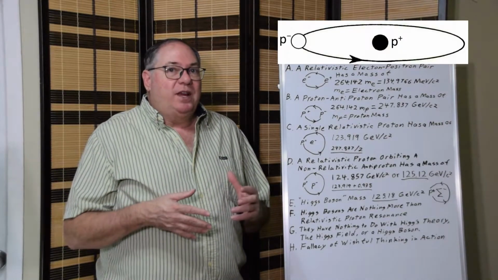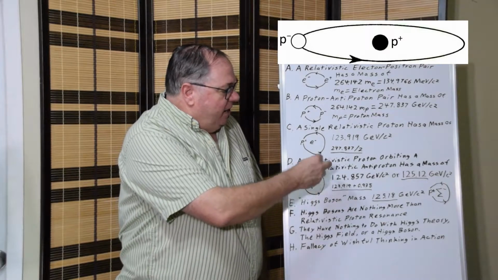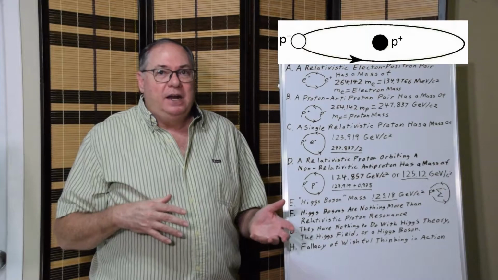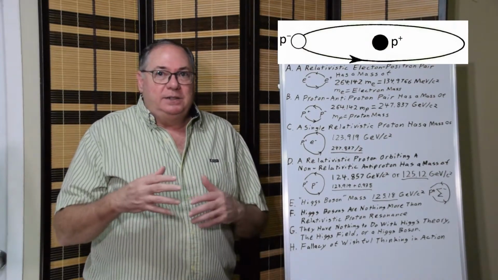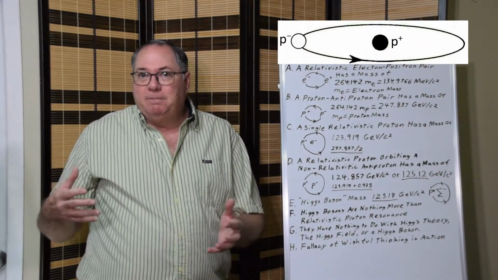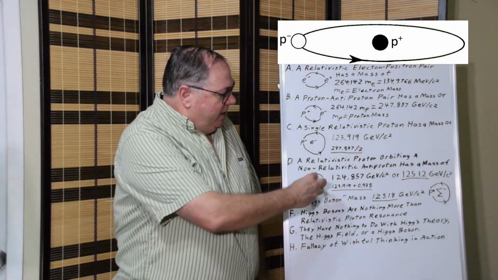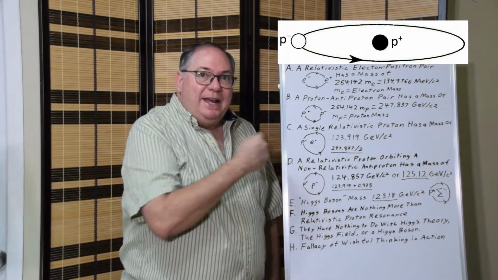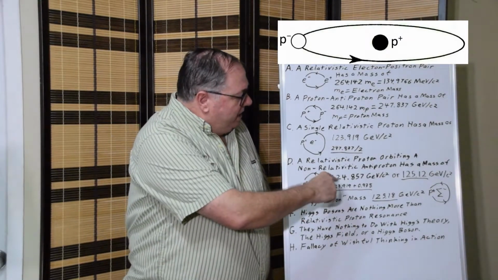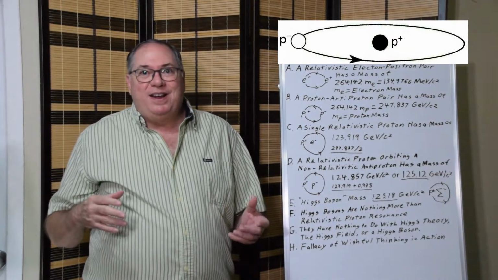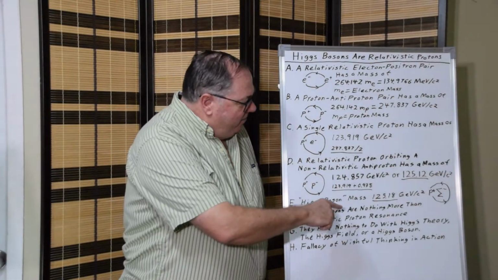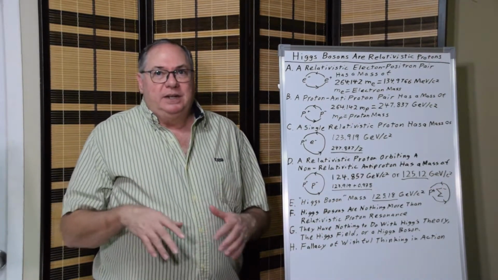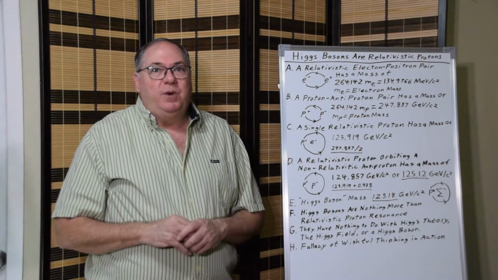Then, if you consider the case where you have a proton orbiting an antiproton, like I said, if you have a proton-antiproton collider, or if you're producing antiprotons because of proton-antiproton pair production, then you could conceivably get this proton-antiproton pair, and then you have to add back in the mass of the proton, which gives you 124.857, which is getting you really close to the measured mass of the Higgs boson, at least the initial one, of 125.18.